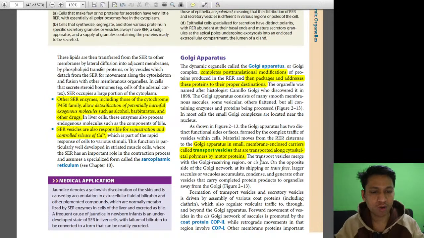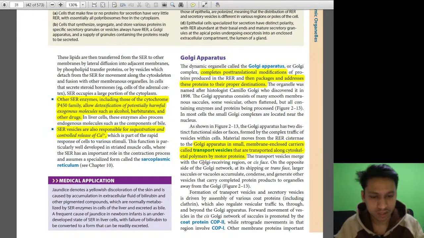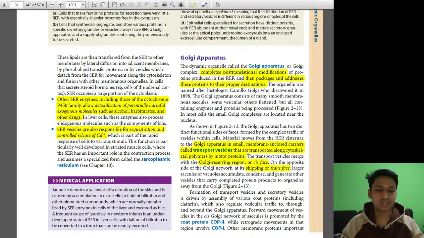So always remember the cis phase is the receiving phase. Let's highlight the receiving region, the cis phase, and on the opposite side of the Golgi network, it's the shipping or trans phase. Trans phase of the Golgi is the shipping phase.